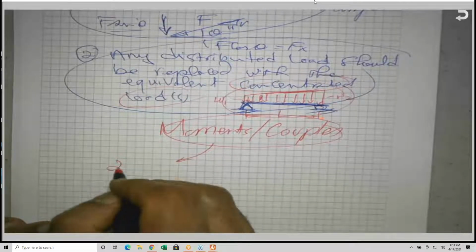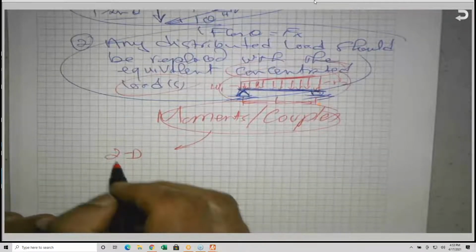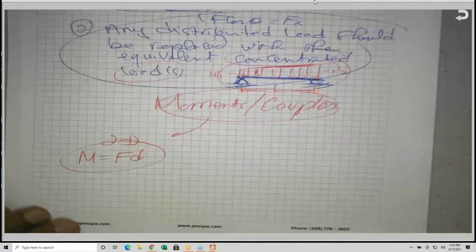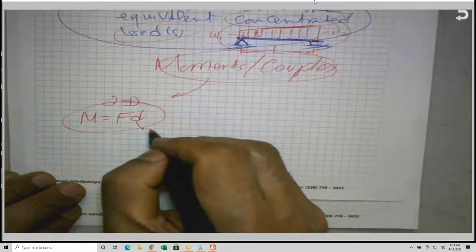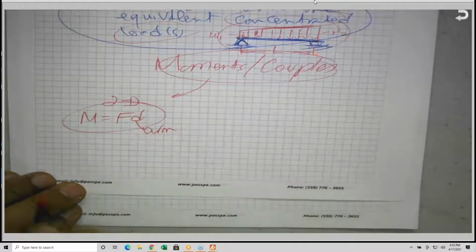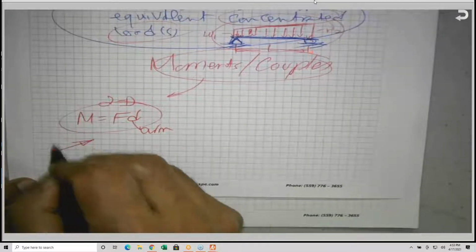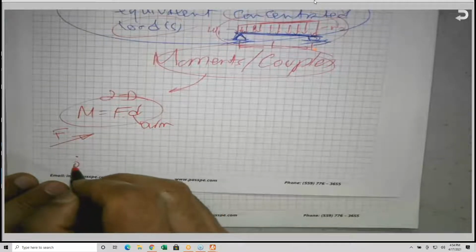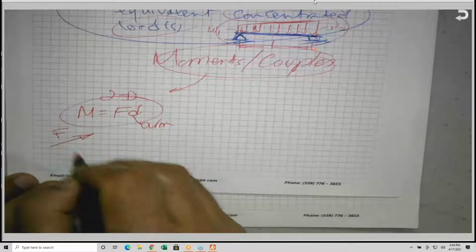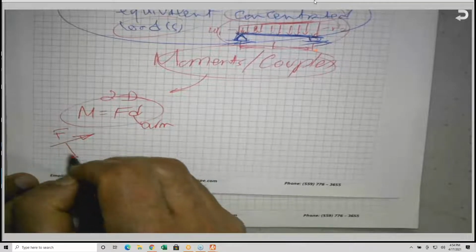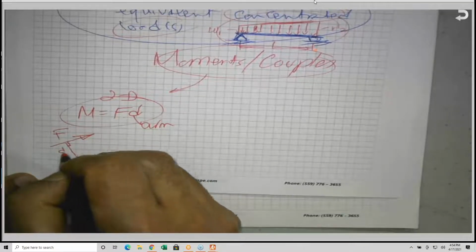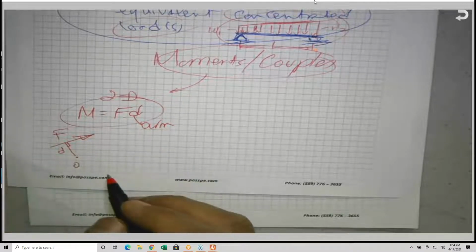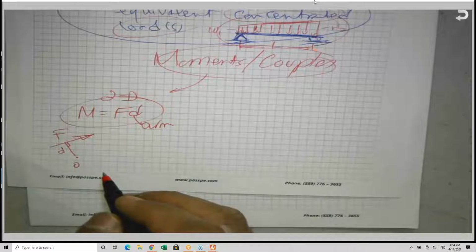In case of 2D, which is two-dimensional, the moment is equal to force times distance, F times D, where D we call the moment arm, and F is the force. So if I have a force F and a point O, and I need to find the moment of this force about O, I must find the arm, which is D. And the arm must be perpendicular to the direction of the force.